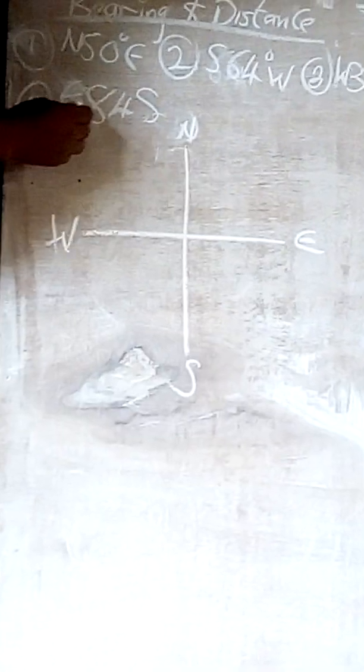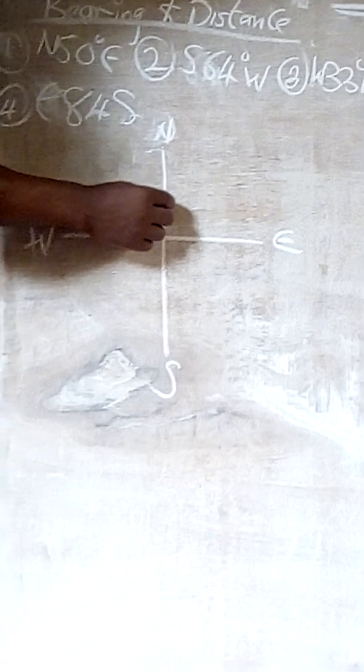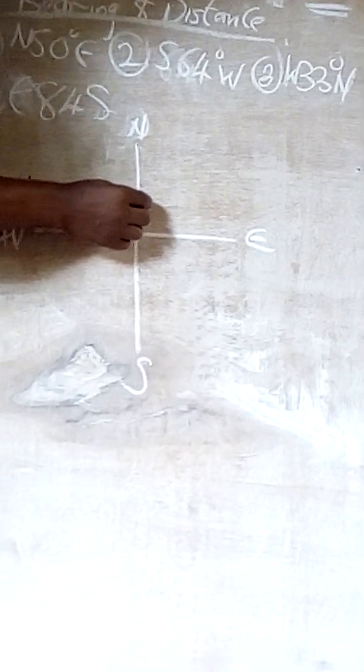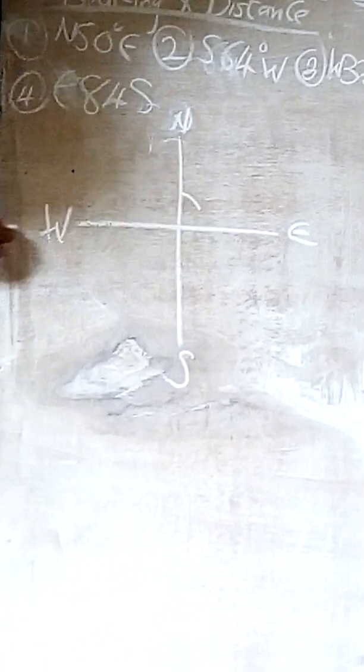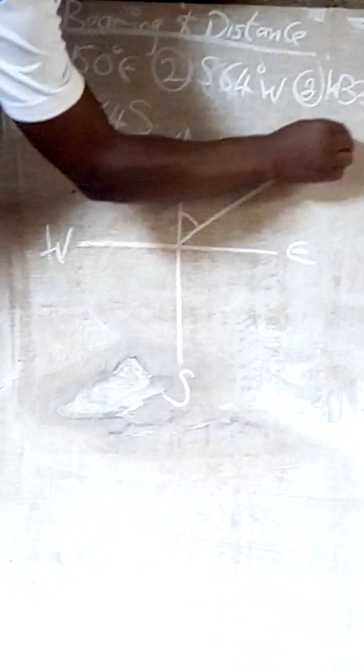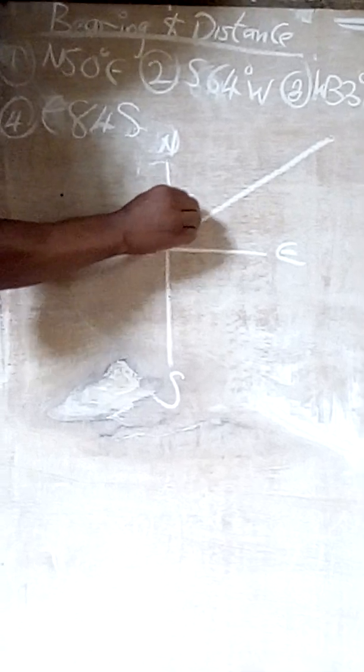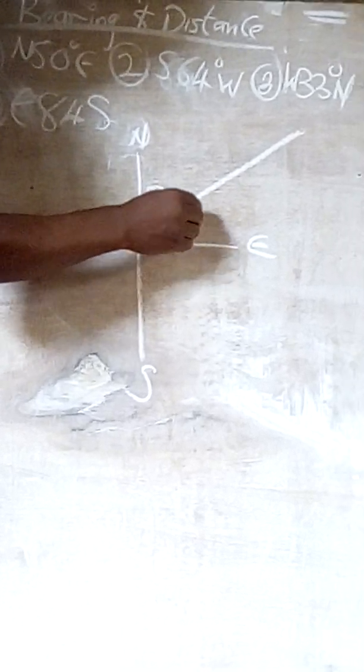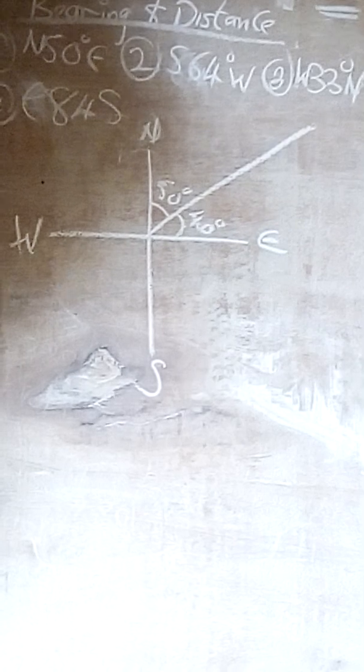Now, traveling from 50, that means we are moving halfway plus, going this way, right? Let's assume that we are at 50, right? Then you now cut it from the middle down. We assume that our 50 degrees, and yet we are at 90 degrees. So the remainder is 40 degrees.